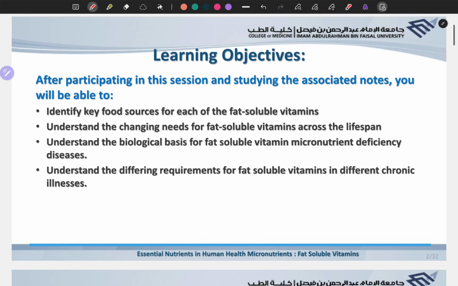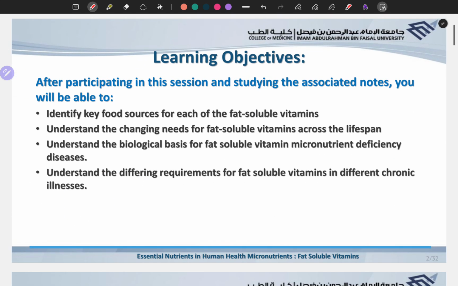The learning objectives: you should be familiar with the key food sources for each of the fat soluble vitamins. What are the important sources for each of the fat soluble vitamins? And understand the changing needs of the fat soluble vitamins with age across the lifespan. Naturally, the requirement for the different vitamins will be different for a neonate, for an infant, for a child, for an adult.